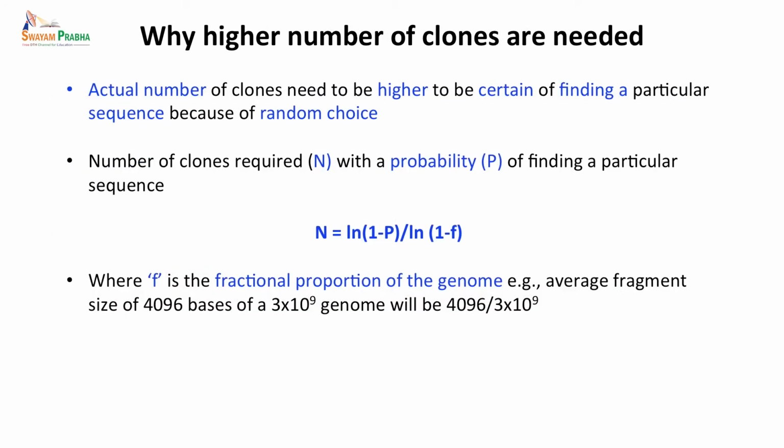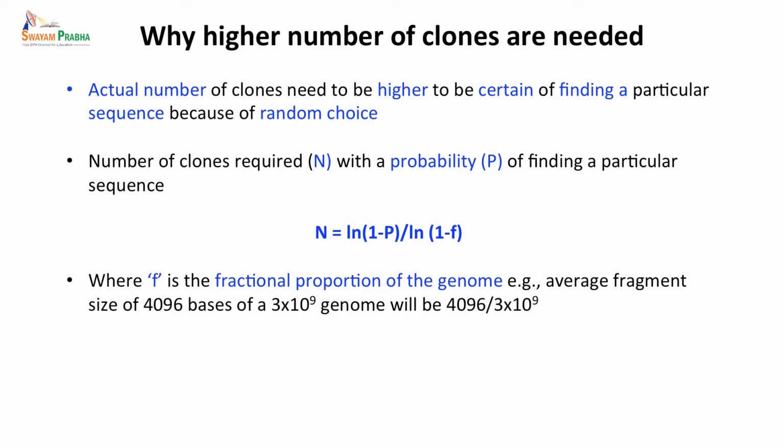Now, in reality, the actual number of clones needed to be very certain of finding a particular sequence is much higher than the minimum numbers that I talked about before. For a human genome, if you have 750,000 clones, then it represents the entire genome. So why is the actual number much higher?